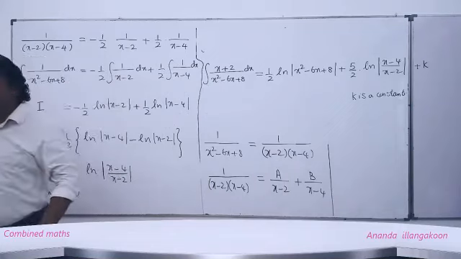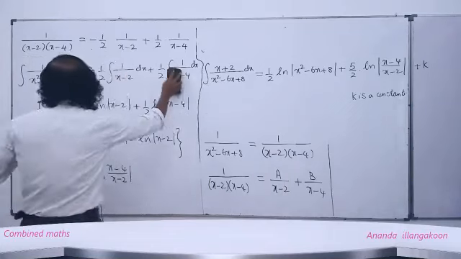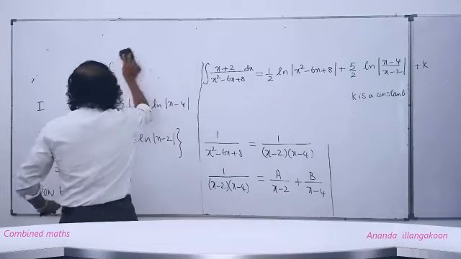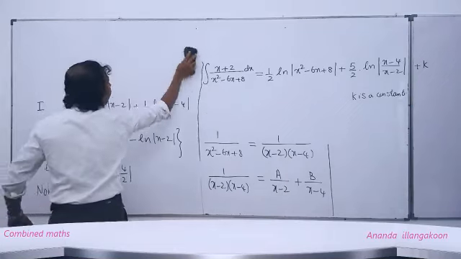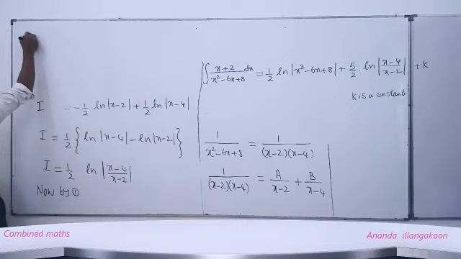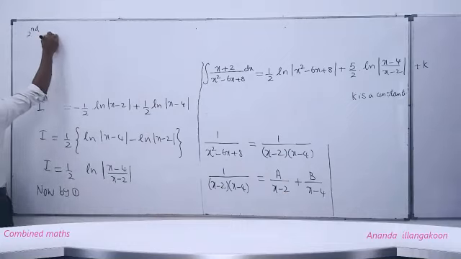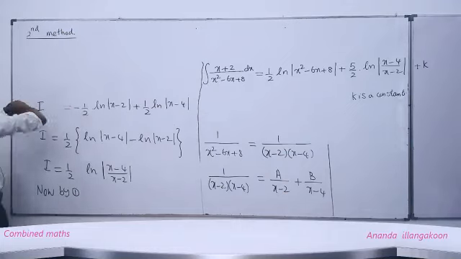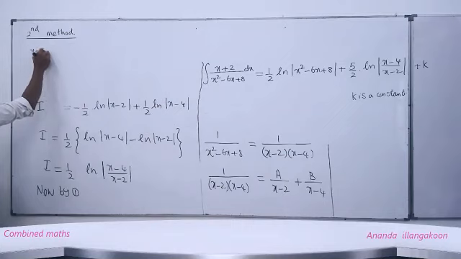Then we come to the second method. Second method, people: x plus 2 divided by x squared minus 6x plus 8.